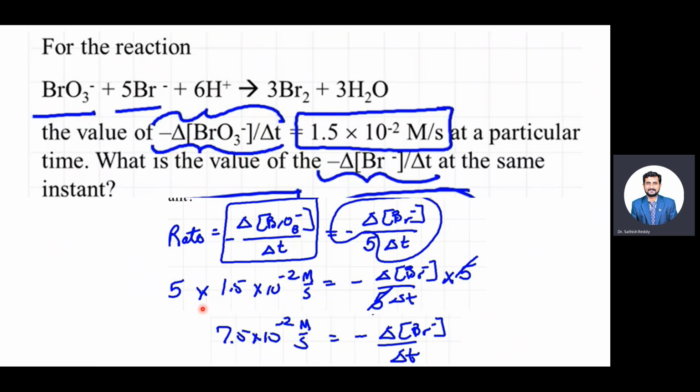So what we do is multiply both sides by 5. Here the 5 gets cancelled. Then if you multiply, 7.5 into 10 to the power of minus 2 moles per second is the value of this one.